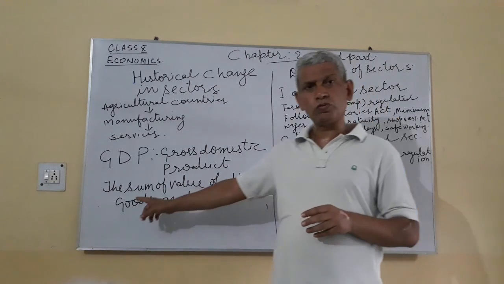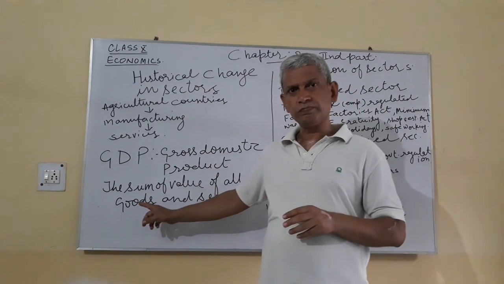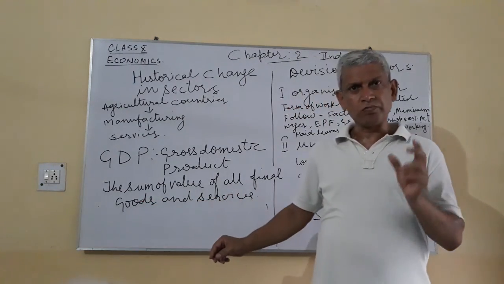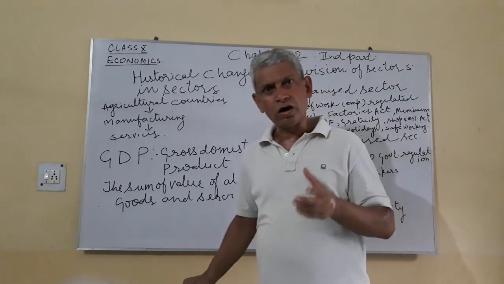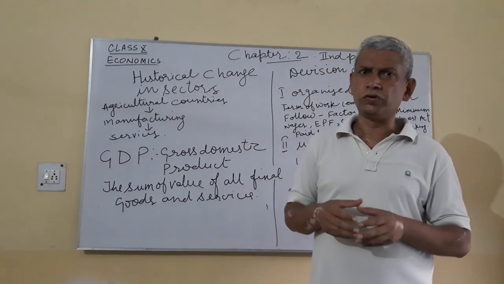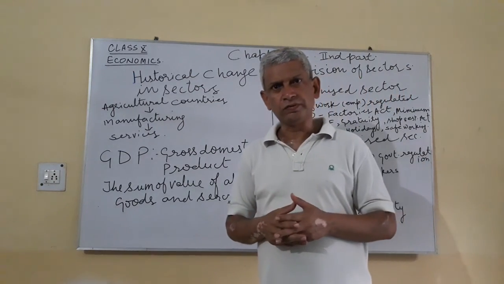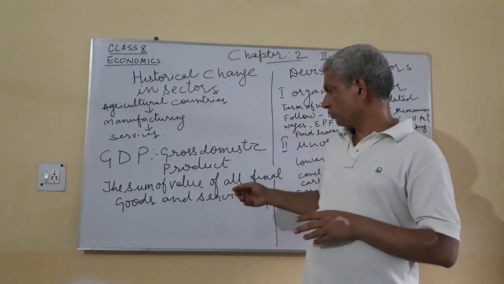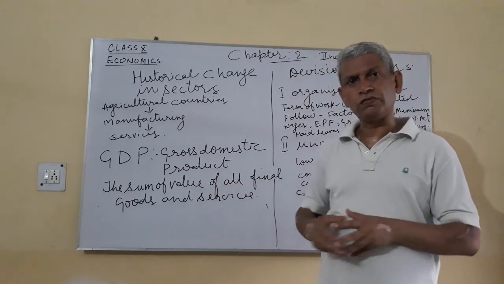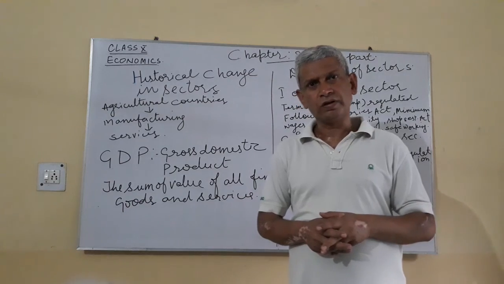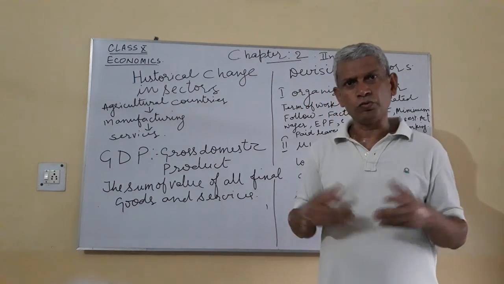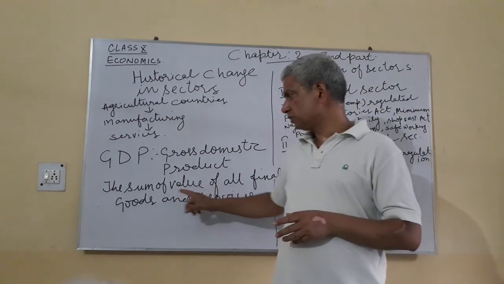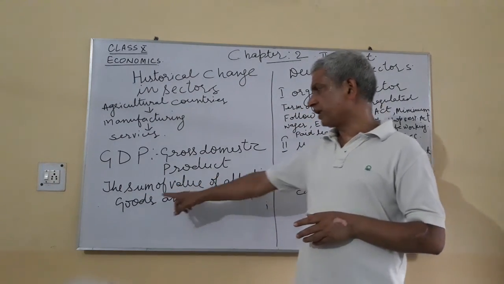So all the goods produced in the economy, whether small goods like mobiles or cars or any other things we use in our life, or the services we use, like hotels and banks.